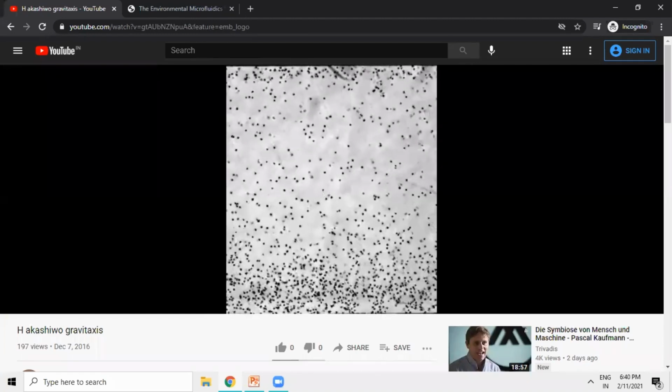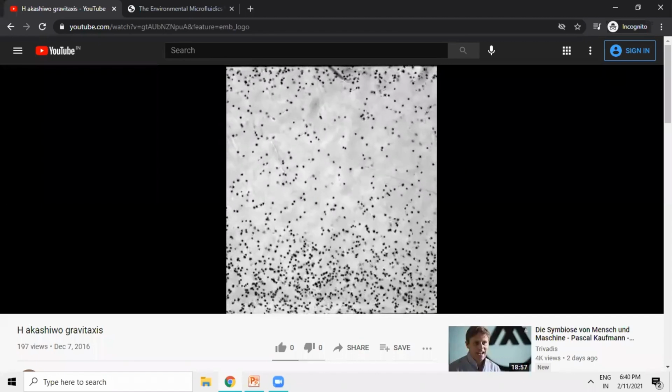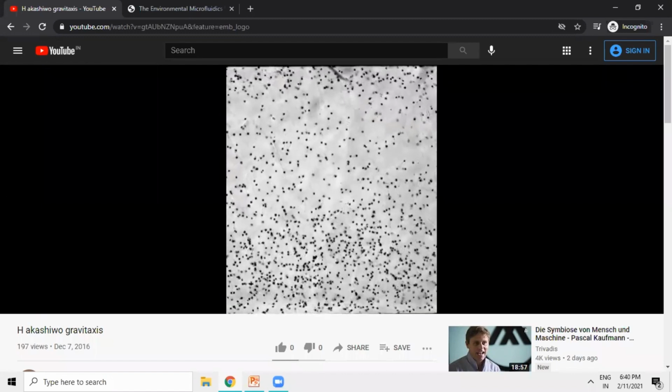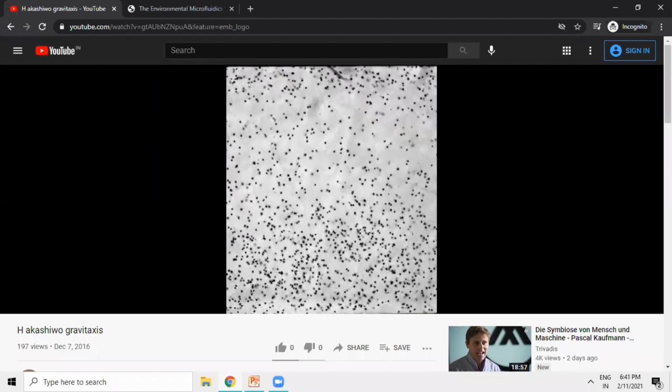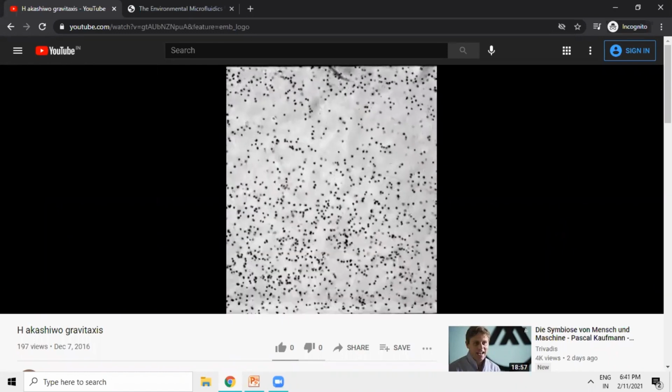So this is a magnetotactic cell. I will tell you what magnetotactic is. But with this cell, you can see that it is going upward against gravity. Okay, so not magnetotactic, gravitactic. So it is going upward against gravity, and this vertical swimming speed is close to 60 micrometers per second.